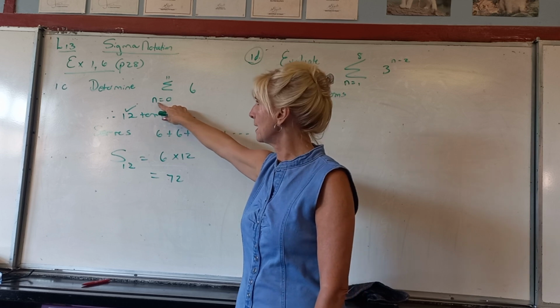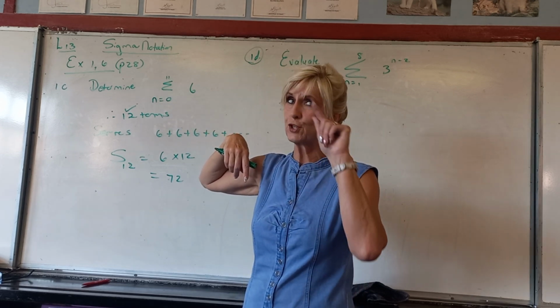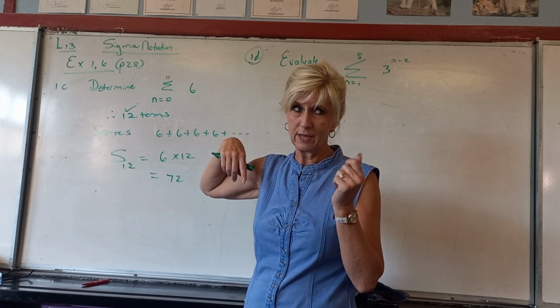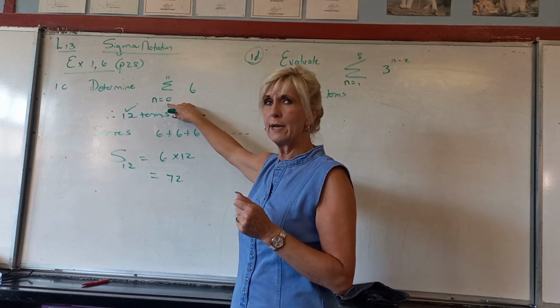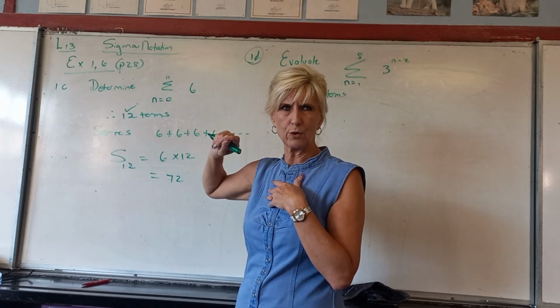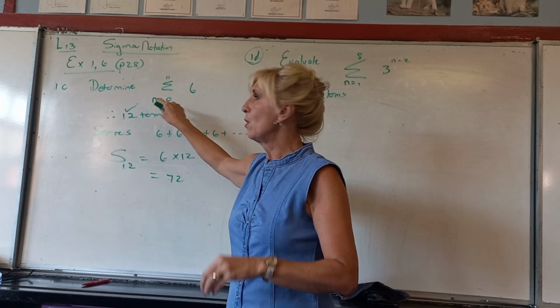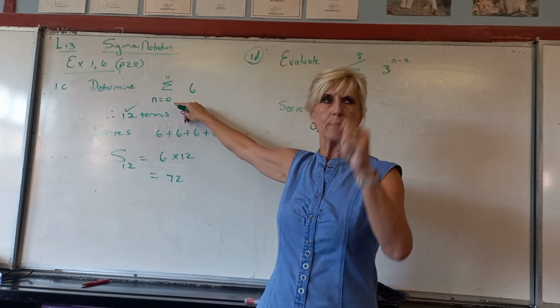Could that n there be minus 1? Yes. It's not the term number. So that could even have been minus 1 to 11. Then there would have been 13 terms. Are you with me? That n there isn't the term number. Whatever the first one is, that's term number 1.